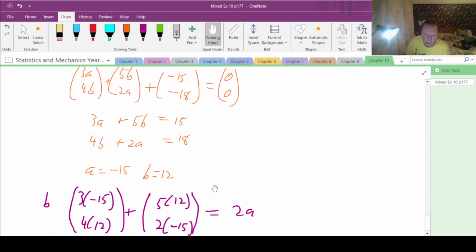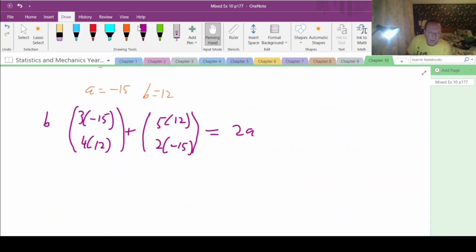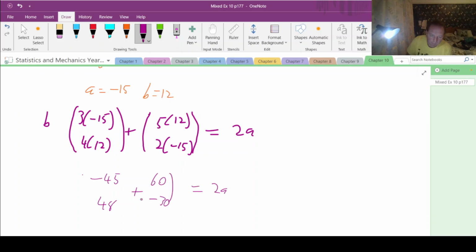Let's see what we end up with here. Minus 45 plus 60, and 48 and minus 30, is equal to 2a.